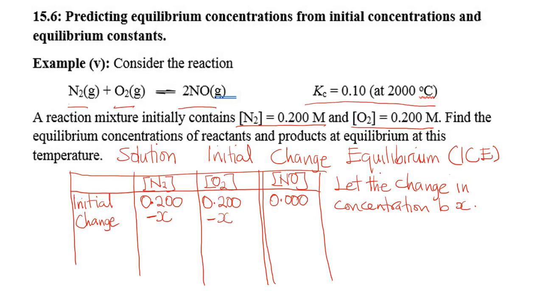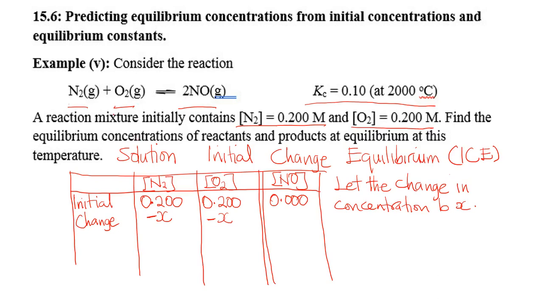Now, what do we do with the product? If you go back to this equation, you will see that for every nitrogen, we are producing 2 nitrogen monoxide.